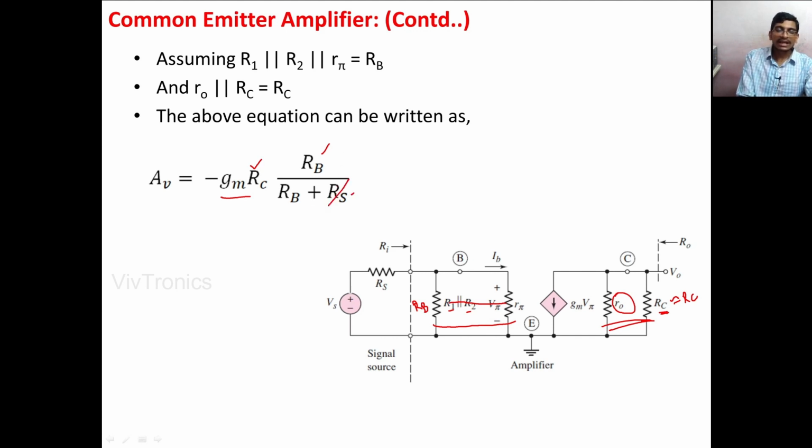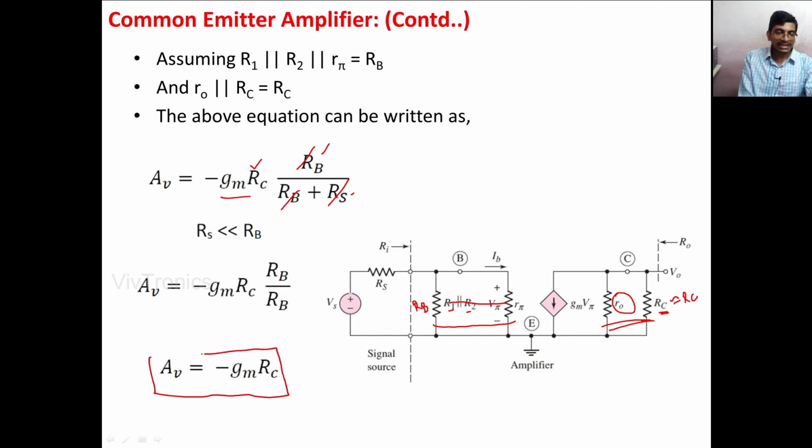Therefore, we can neglect RS from this equation, and RB divided by RB will get cancelled. As RS is very much less than RB, we can neglect it, so AV is equal to minus Gm into RC, which is the simplified voltage gain.